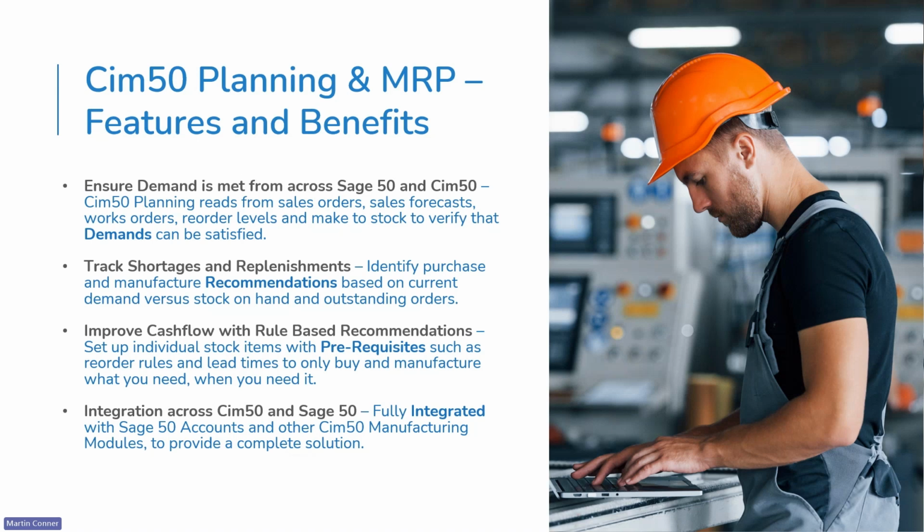As well as the batch quantities, reorder quantities and reorder levels, we've also got lead times for items that you manufacture, by supplier. And we've got multiple suppliers, as you may have already seen in some of the other webinars. From a manufacturing point of view, it will tell you what we need and when we need to make it. That will be based on the bills of materials and the operations on the bills of materials.